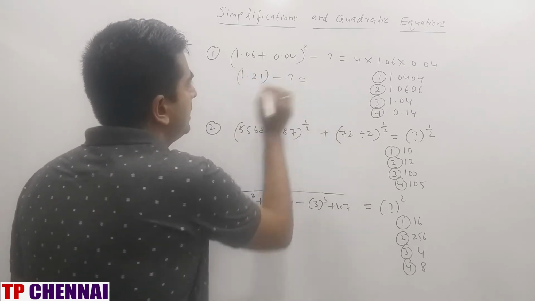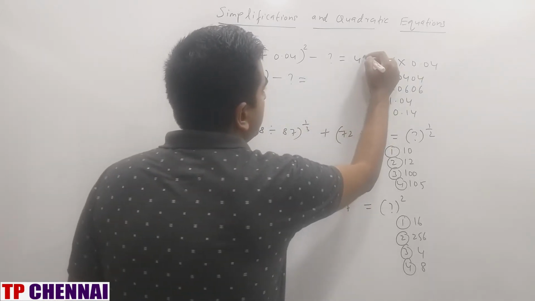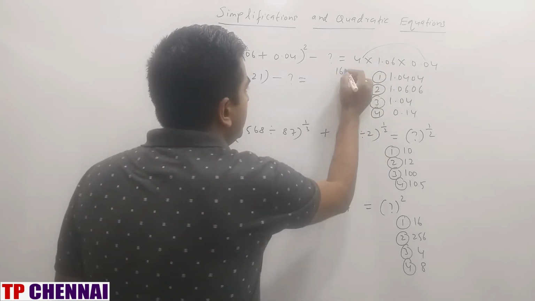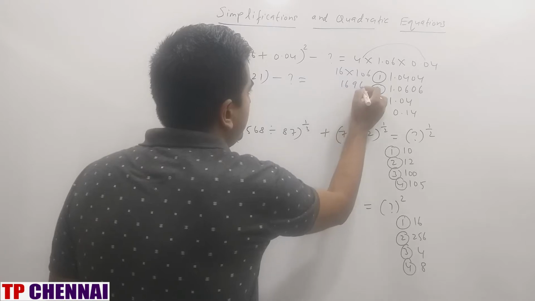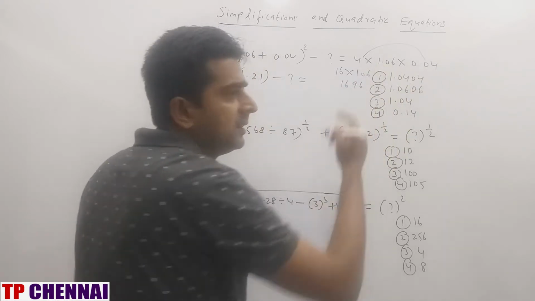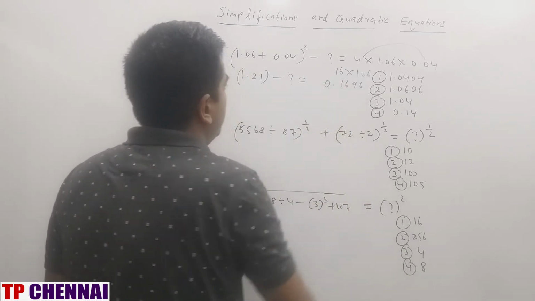Minus question mark is equal to, so first 4 into 4 is 16, forget about decimal and all. First 4 into 4 is 16 and this is 106, so this is how much? 1696. And from the right hand side, after 2 digit decimal is there and after 2 digit decimal is there, that means after 4 digit from the right hand side decimal will be there, right?